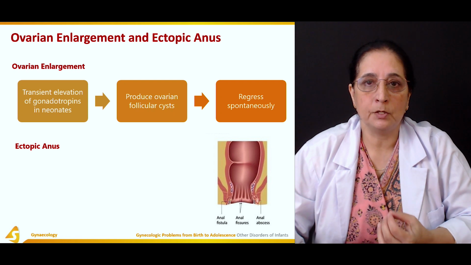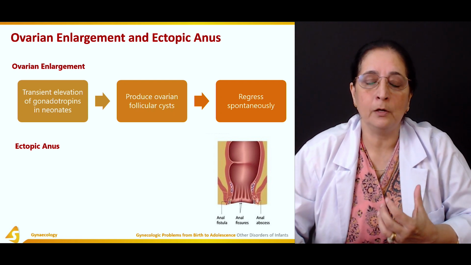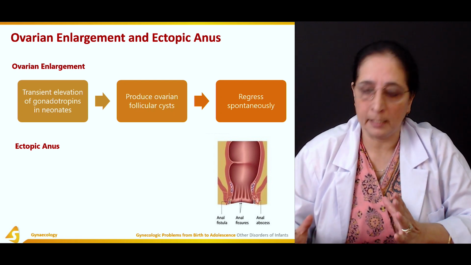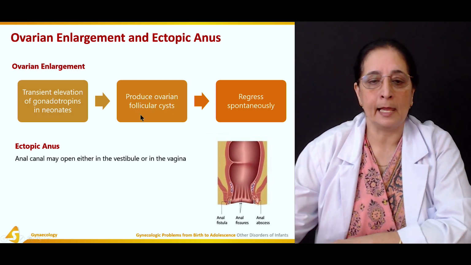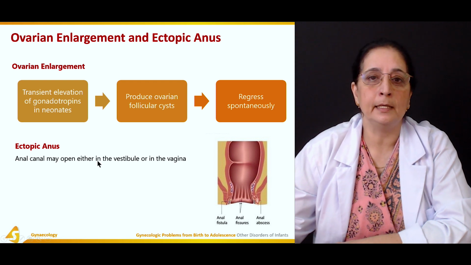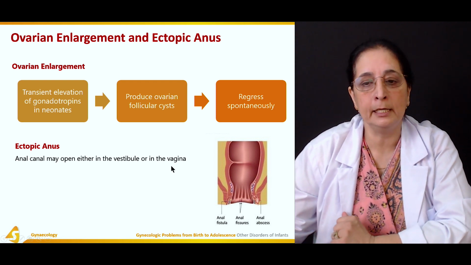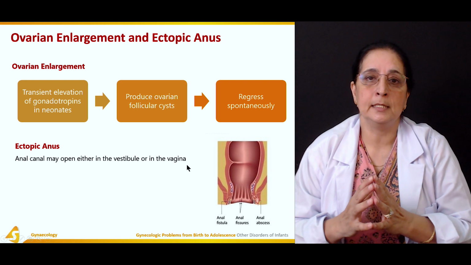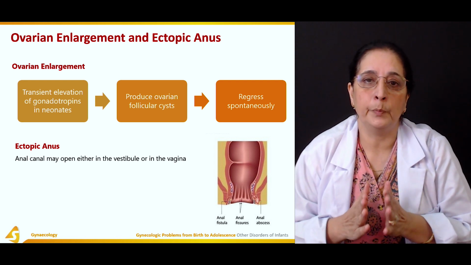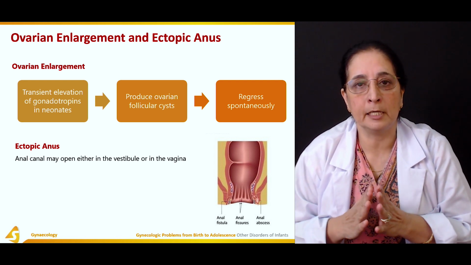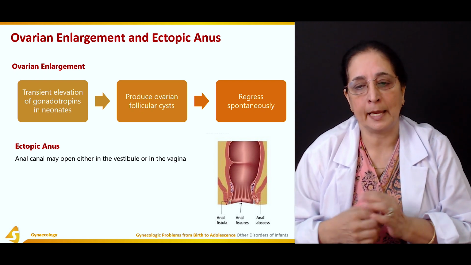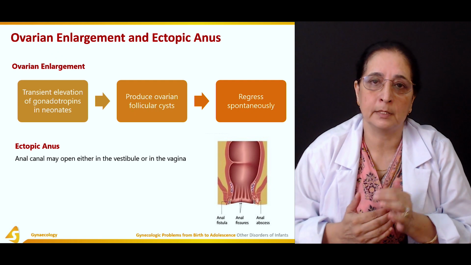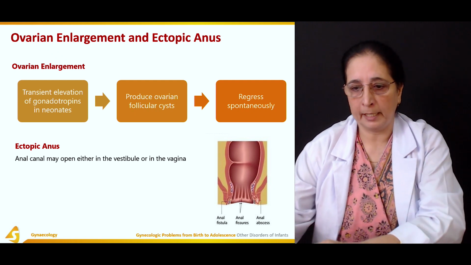The opening of the anus is not in the normal site, and the anal canal may open either in the vestibule or in the vagina. So the anal canal opens in the vagina or the vestibule, and the anal secretions come through the vaginal opening like a fistula.